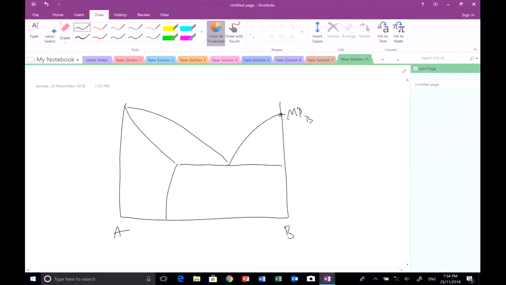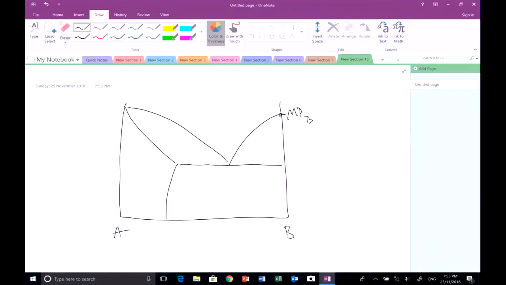What's the minimal temperature for solid state densification of pure B? We don't know. There's no way to tell. There's no justification for giving an answer. I just told you it's 75 to 90% of the melting point. It's just a ballpark. So the correct answer is we don't know.